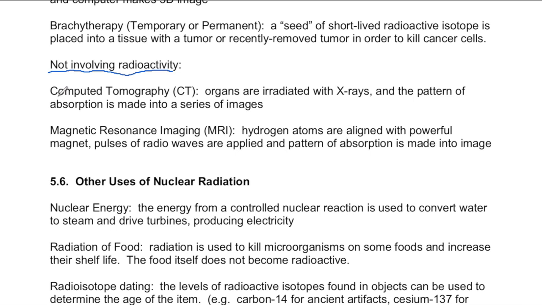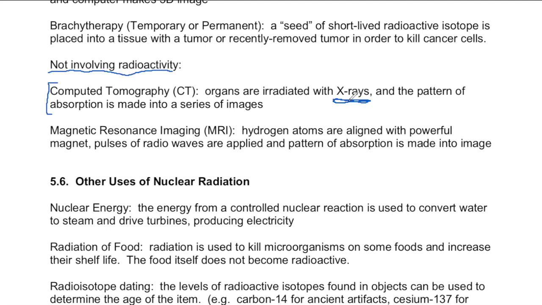The actual PET scans have an actual radioisotope that emits the gamma radiation that causes the imaging to take place. The CT scan does not involve a radioisotope. The X-rays, the high energy radiation, do not come from a radioisotope. It is generated outside the body and just sent through the body.